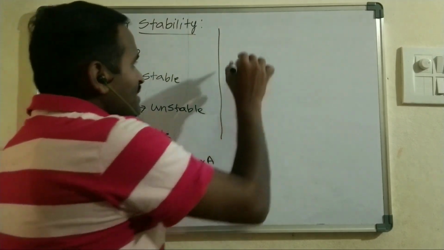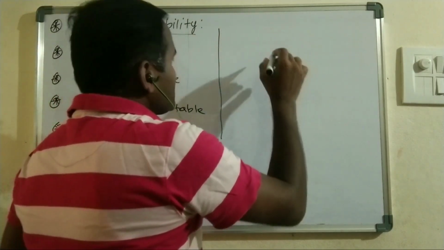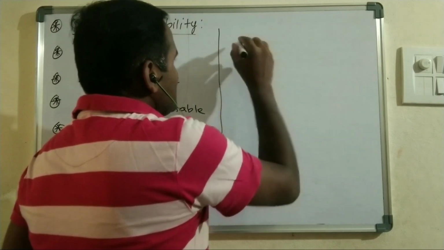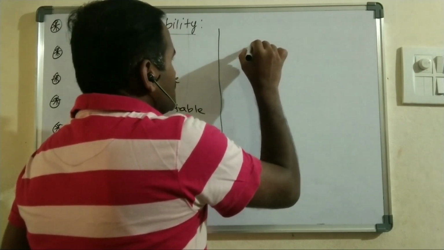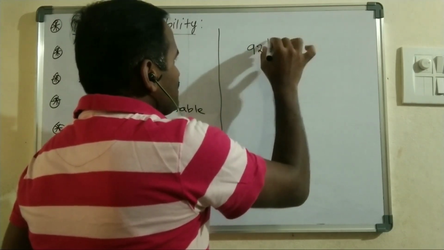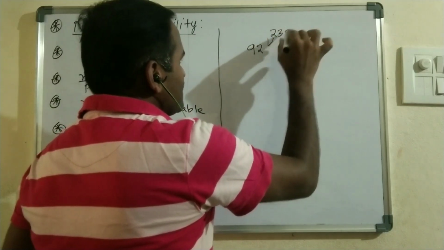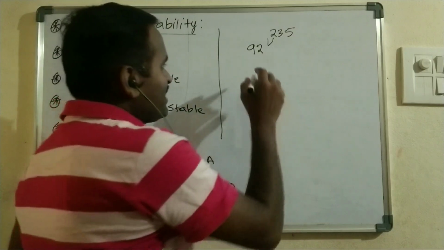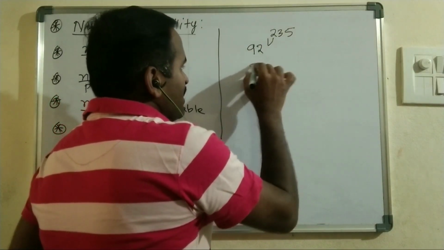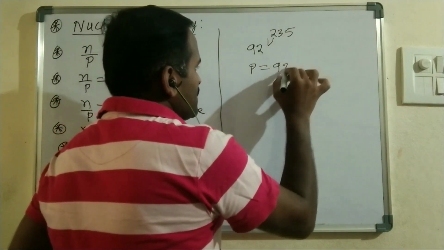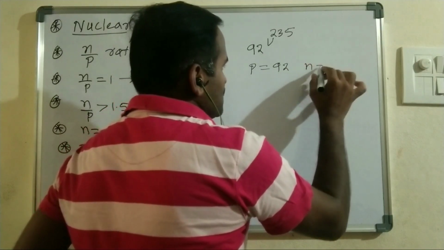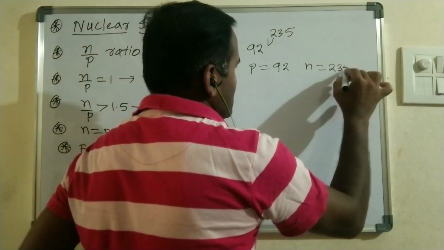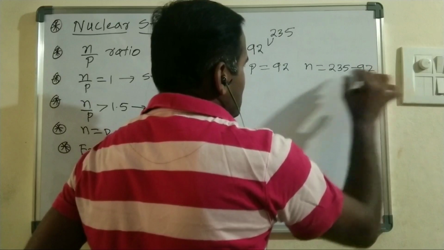And the other one, suppose I take another example: uranium 235 with atomic number 92. Here the number of protons is 92, and the number of neutrons is 235 minus 92.